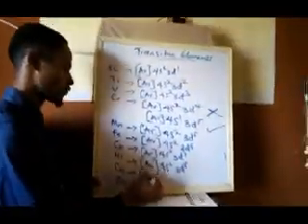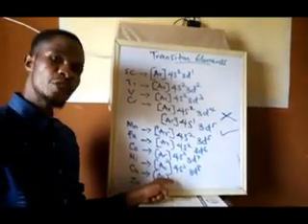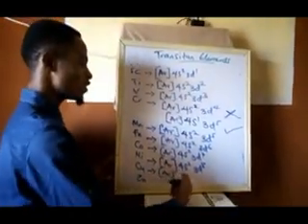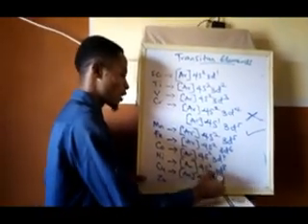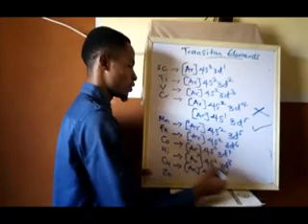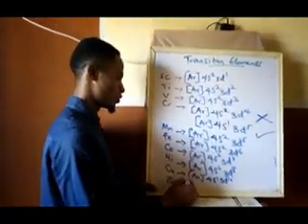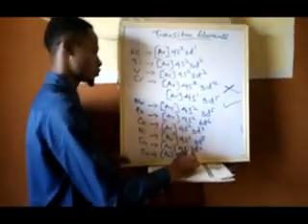Now, the case of copper should be 4s2 3d9, but because it is closer to attaining the stability, it will become 4s1 3d10. And for zinc, we have Ar 4s2 3d10.